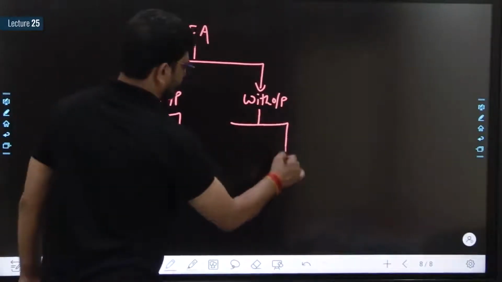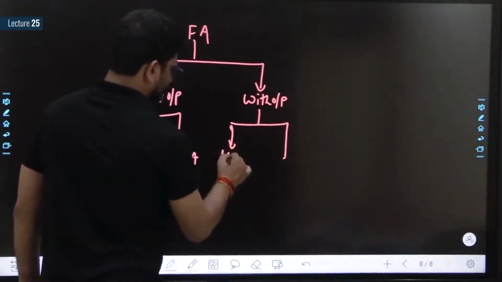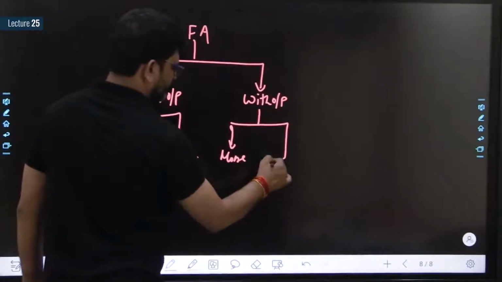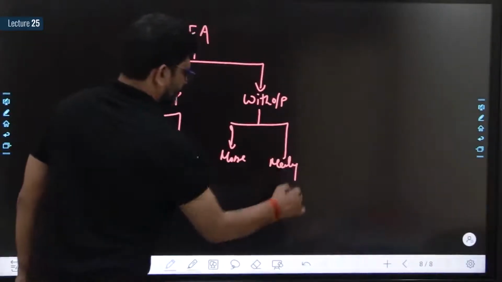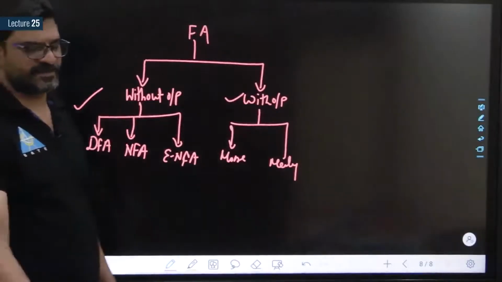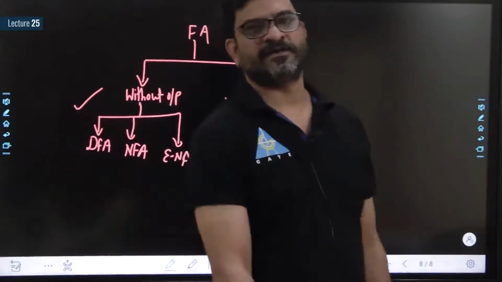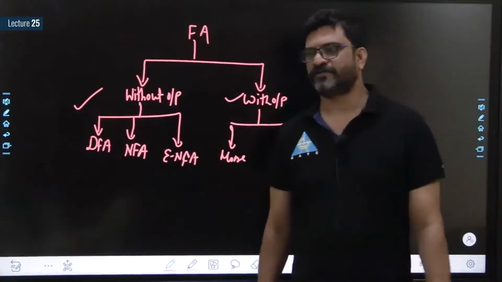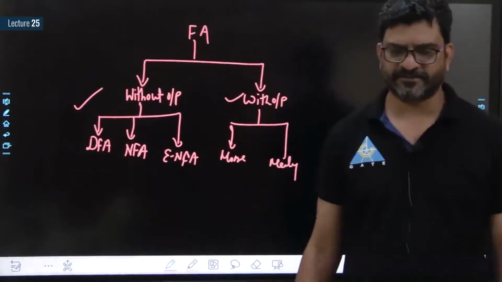And with output, Moore machine and Mealy machine. We have completed this and this. In the next lecture of the series, we will see regular expressions for regular languages. Clear?